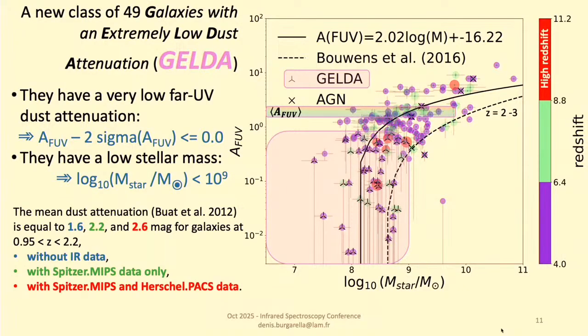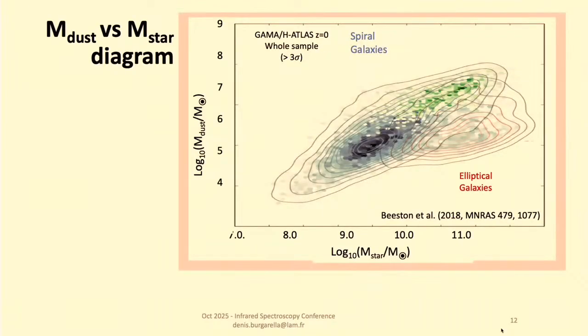From this data, what we try to do is to estimate several parameters other than the usual ones, star formation rate, etc. I showed here a plot with dust mass versus stellar mass at redshift 0, the Gamma Atlas sample. You have this nice sequence here, which is from spiral galaxies. Elliptical galaxies are here.